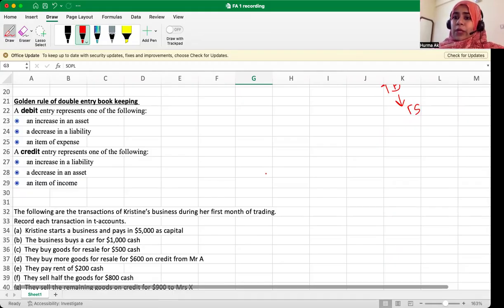Now, as we know, there is always going to be a debit and a credit, and now we need to understand what do we debit and how do we debit, and what do we credit? When do we credit items? So basically, in a balance sheet, or statement of financial position, there are going to be accounts like the assets, and there are going to be accounts like liabilities, right?